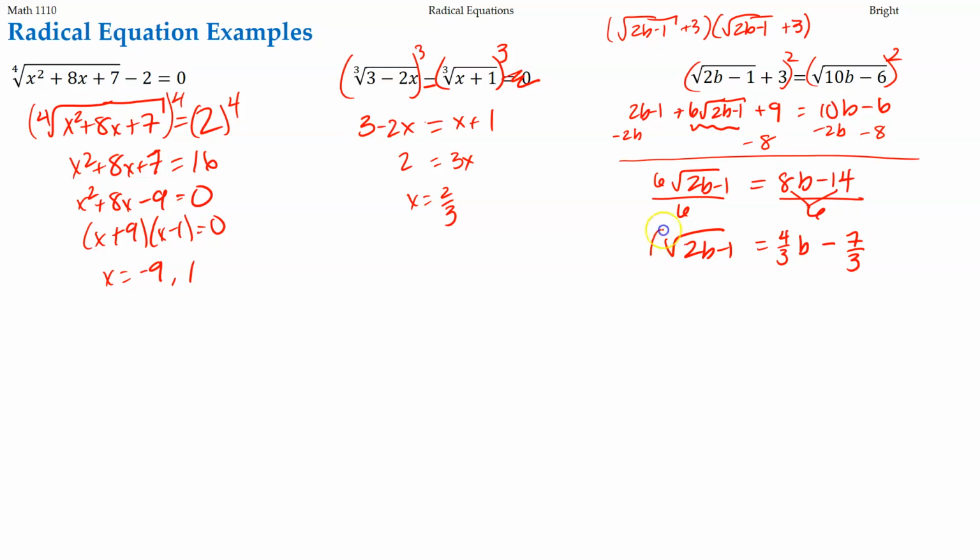Okay, next I'm going to square both sides, because I have that square root isolated, and so I get 2b minus 1 on the left-hand side, and on the right-hand side I get something incredibly ugly.